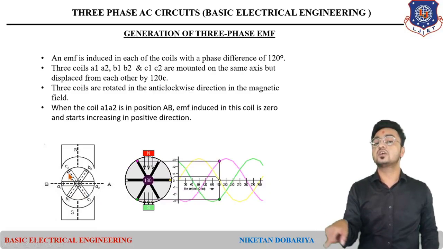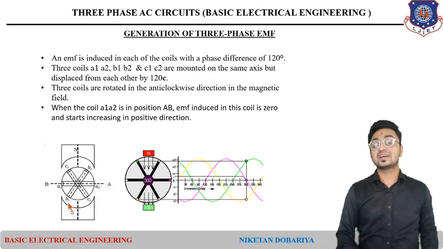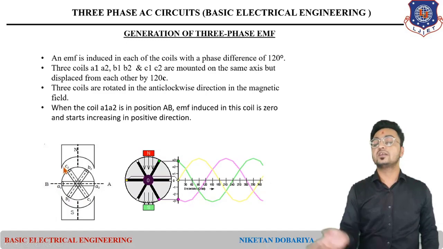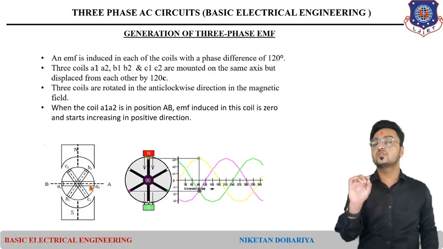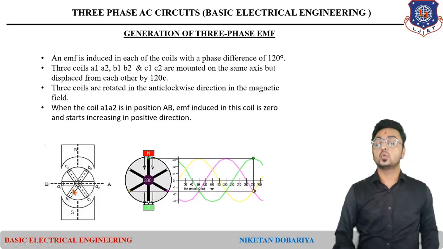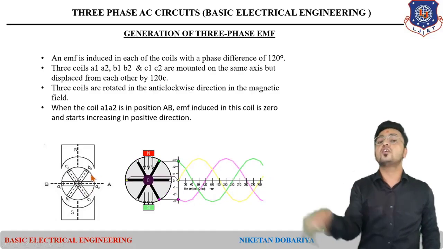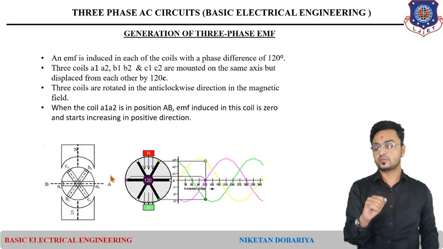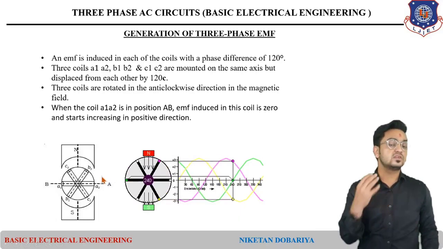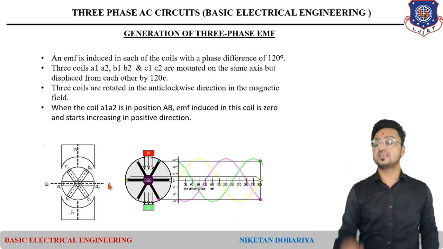In the same way the third coil, C1 and C2, comes after the second coil at another 120 degrees, meaning a total of 120 plus 120, 240 degrees. And now we will rotate these three coils simultaneously, and this theory was studied in the single-phase AC circuit.